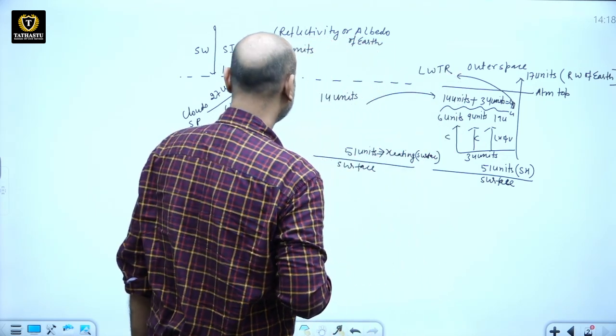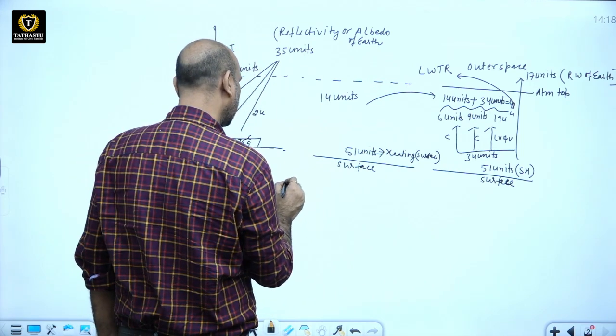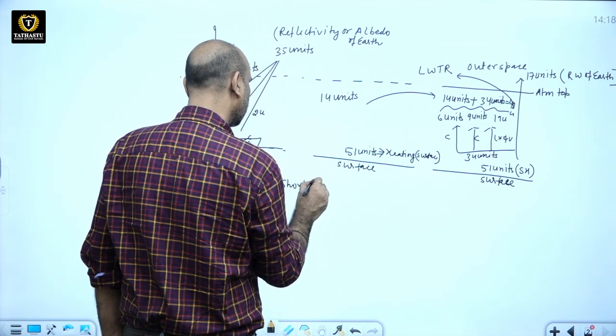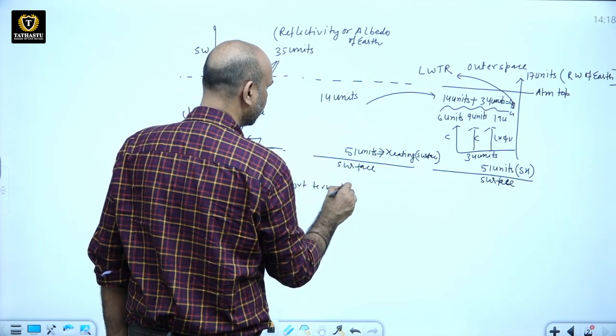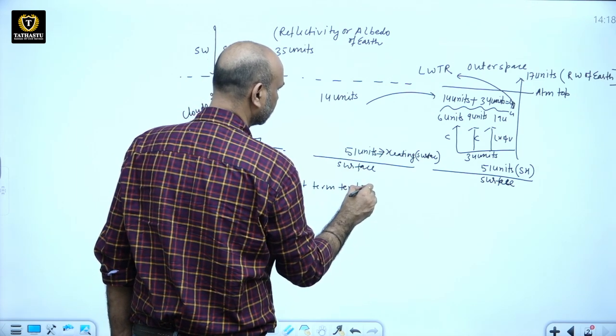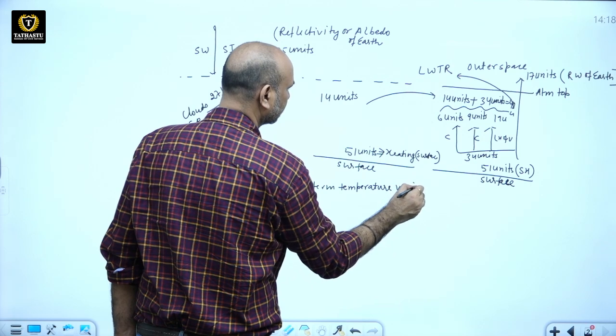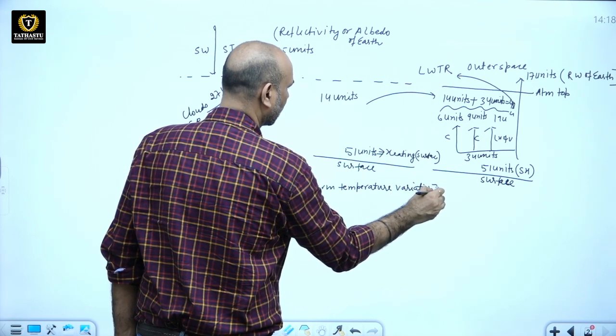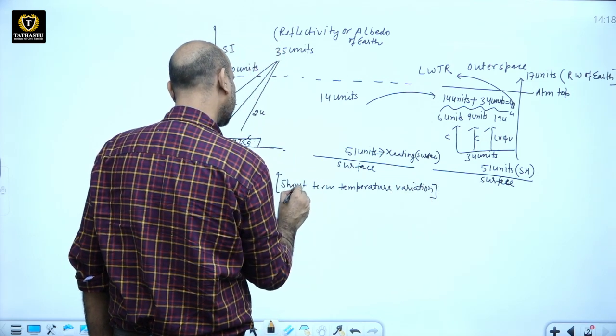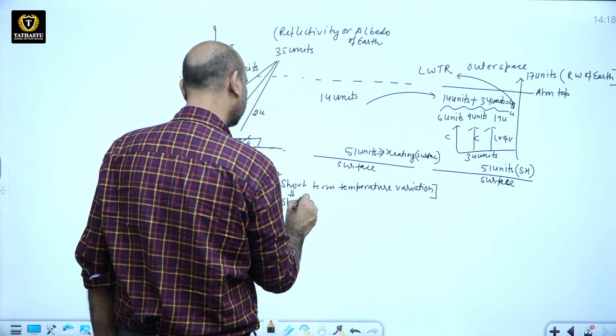So remember that the question is about short term temperature variation. Short term means shorter duration of time.